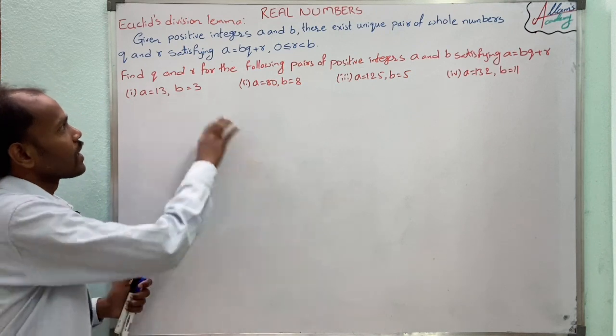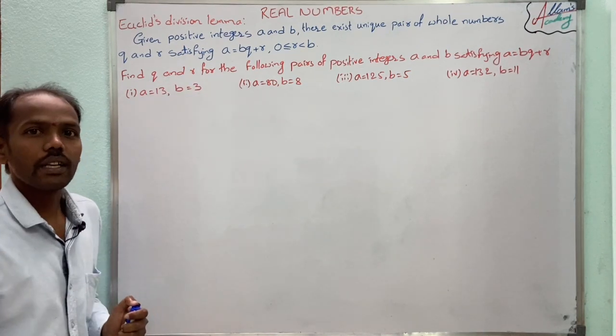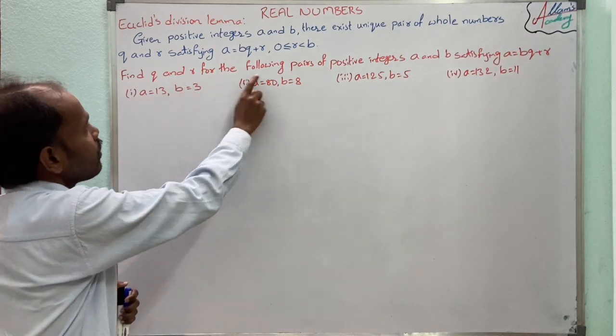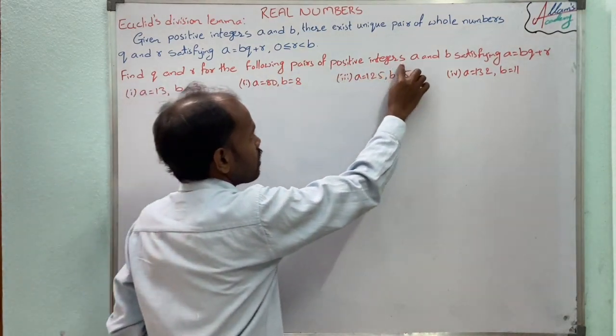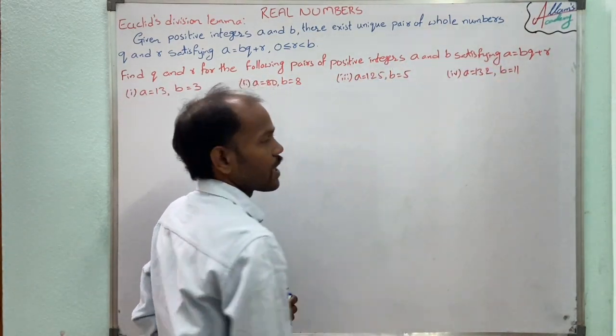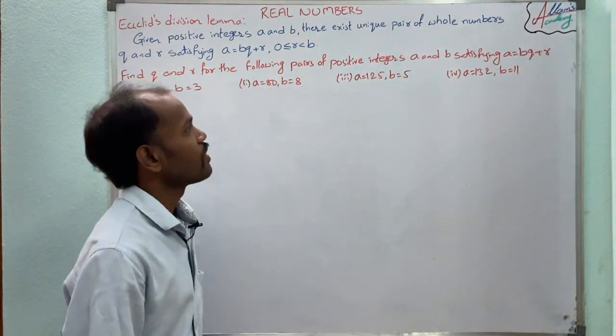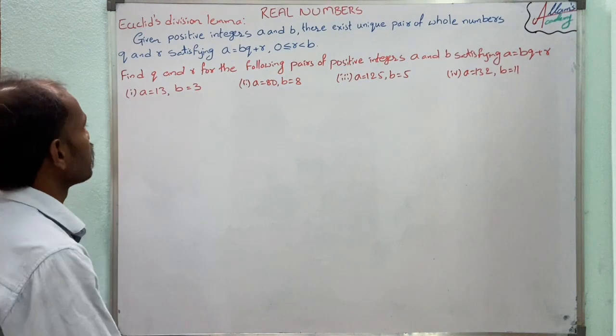Now here are some problems to solve. Find q and r for the following pairs of positive integers a and b satisfying a equals bq plus r.